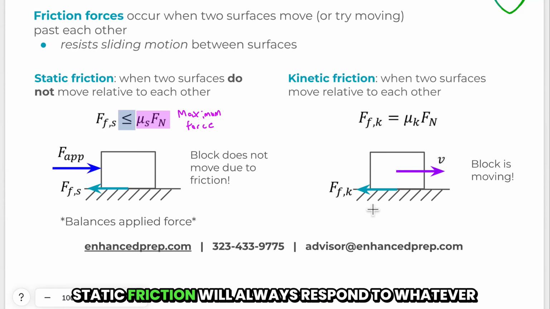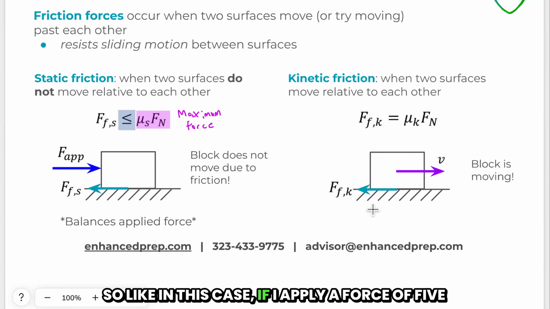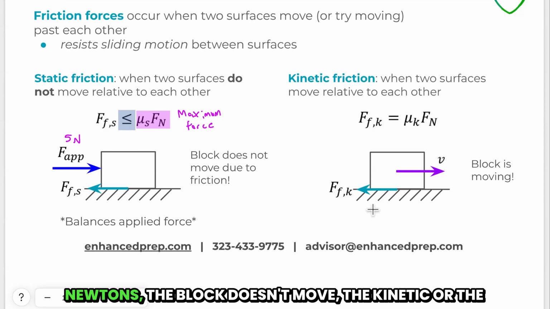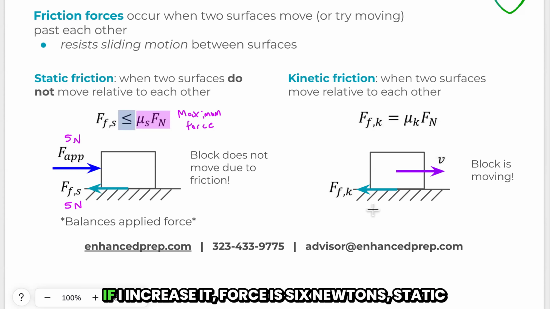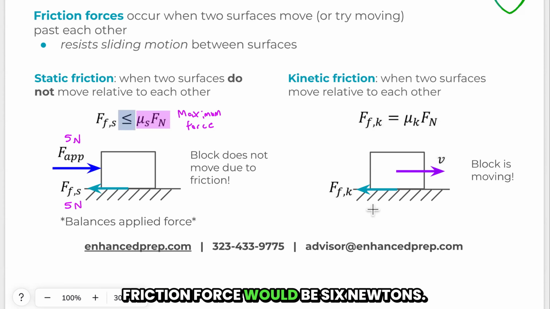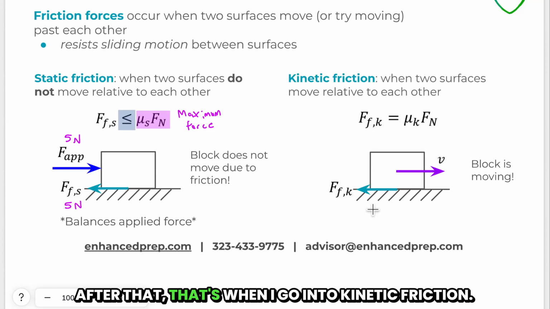The static friction will always respond to whatever force you apply. So in this case, if I apply a force of 5 newtons and the block doesn't move, the static friction force also has to be 5 newtons. If I increase it, the force is 6 newtons, the static friction force would be 6 newtons. I can keep increasing it until I reach that maximum. After that, that's when I go into kinetic friction.